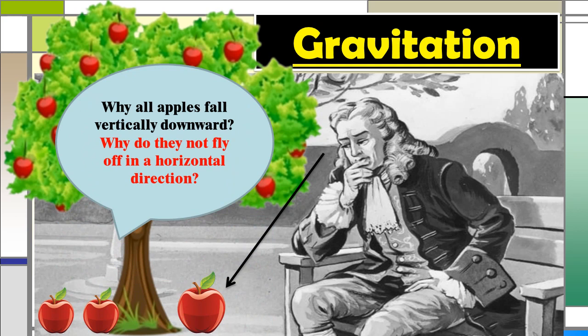Why do they not fly off in a horizontal direction? That means when the apple fell from a tree towards the earth, Newton started thinking about why it falls vertically downward and does not fly off horizontally or upward.